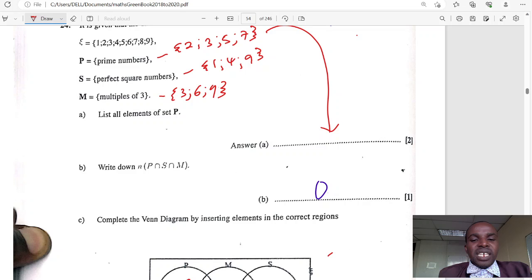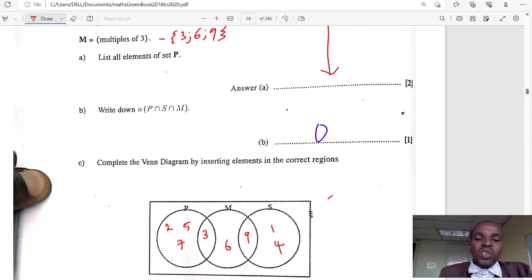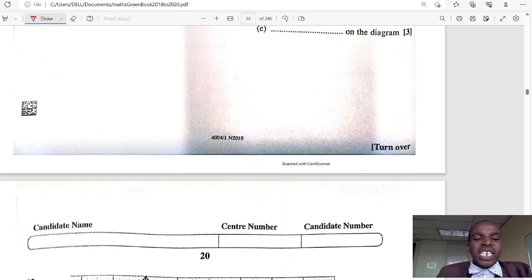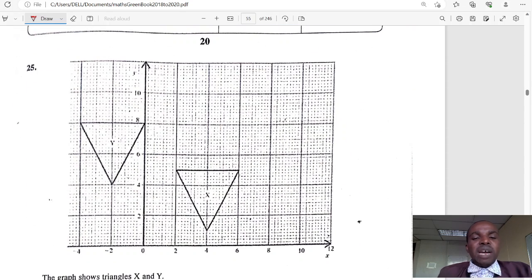Then on S, we have 9, so we have 1 and 4. Then we have things that are outside the universal set. A number which we didn't write here: there's 1, 2, 3, 4, 5, 6, 7. There's no 8. So 8 is supposed to appear outside the sets, just like this. So set completed. Next, question number 25.